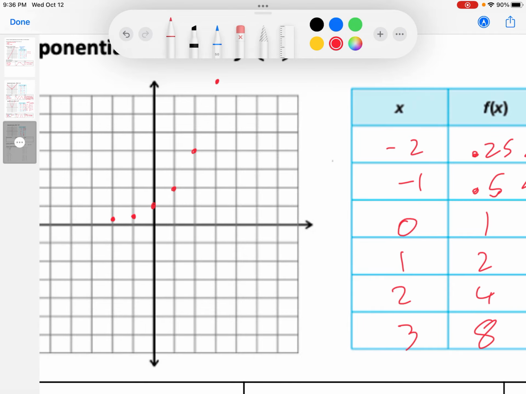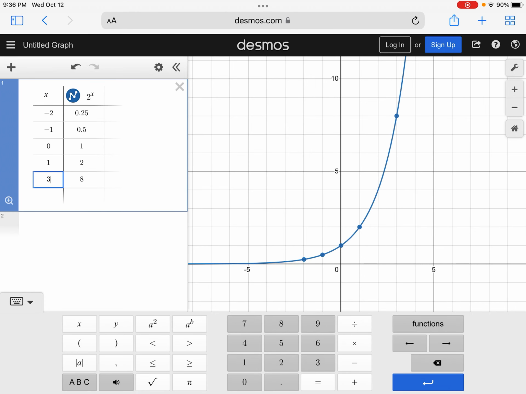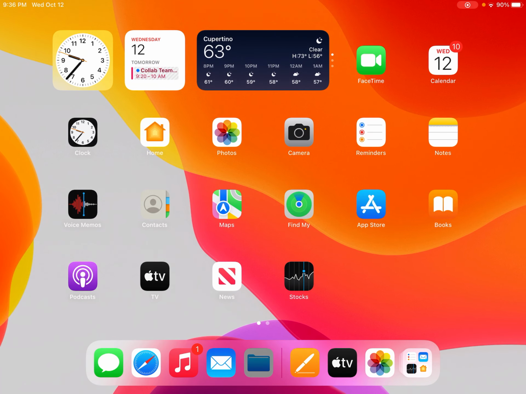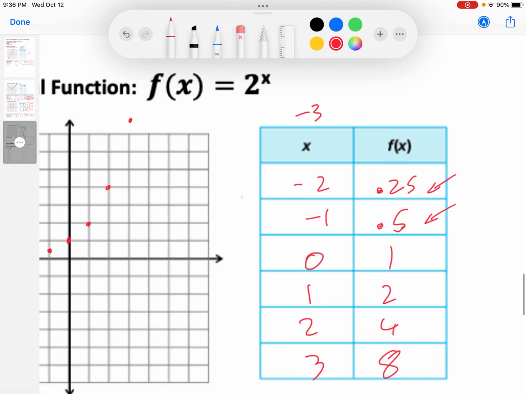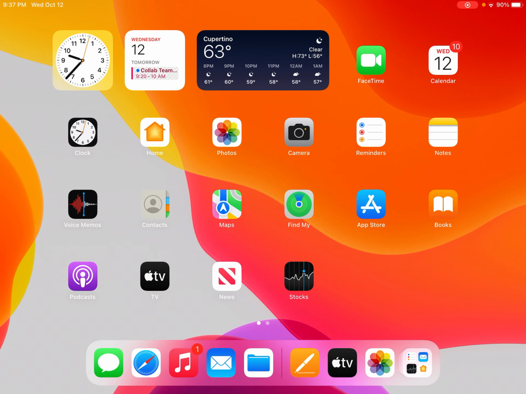Before we connect these points with a smooth curve, I want us to go back. What if we did plug in negative 3? It's 0.125. Interesting. If we were going to graph that one, it's even closer to the x-axis.